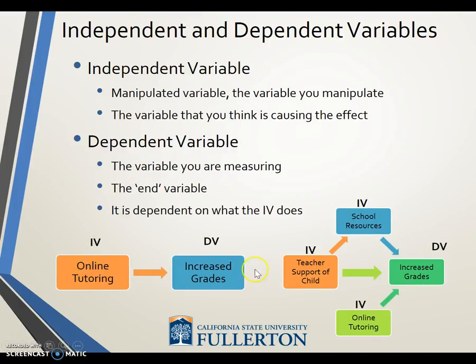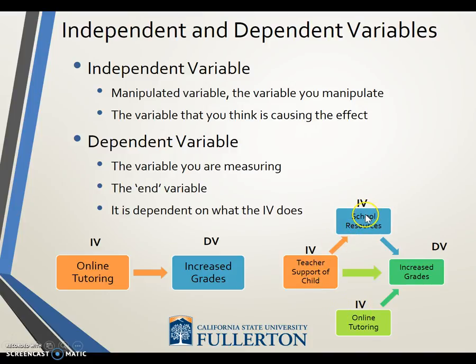The dependent variable is like the final outcome that you're measuring, the variable you're measuring at the end. The reason it's called the dependent variable is because you think it's dependent on what the independent variable does. So you can think of dependent variable as like the final thing you measure. So in this example over here, you have 3 possible independent variables.